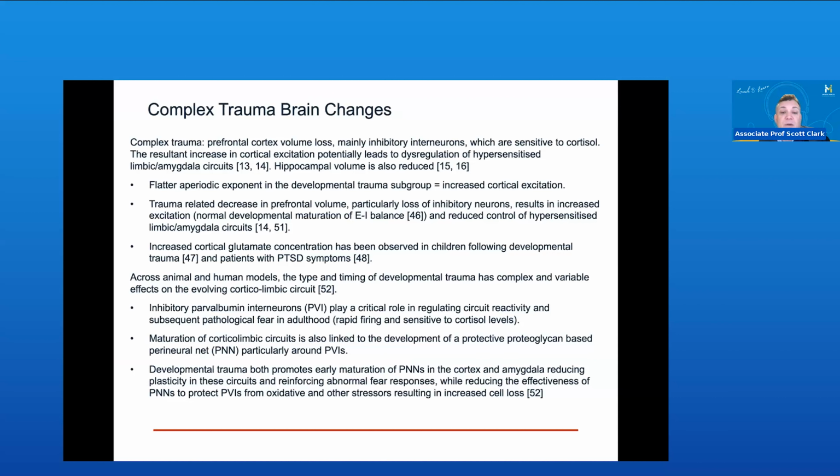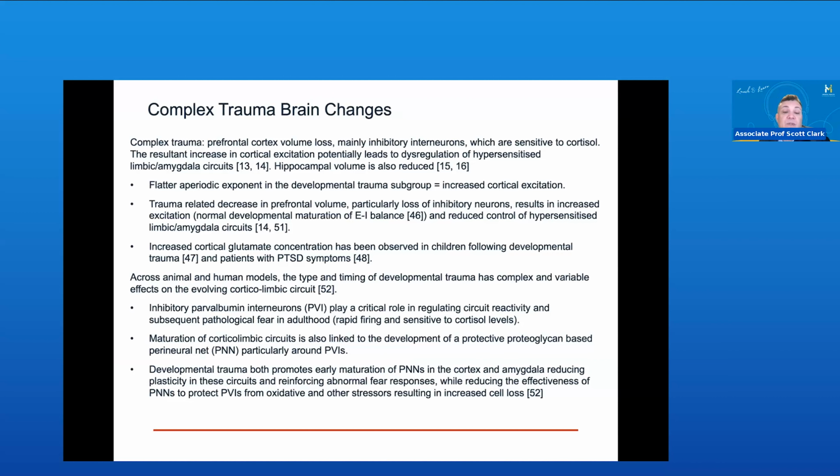So the flatter exponent in the developmental trauma group indicates cortical excitation, and the trauma related to the decrease in the frontal volume suggests there are lots of inhibitory neurons lost, and there's also a change in the maturation in that group of the normal balance in the circuit, EI balance.